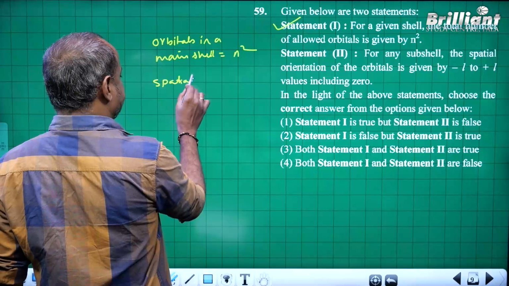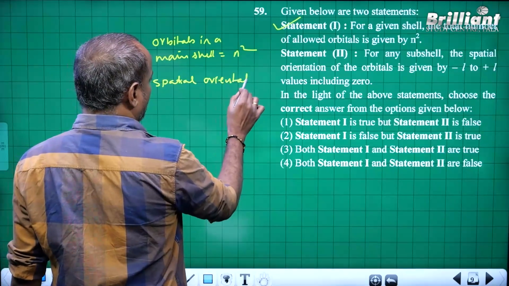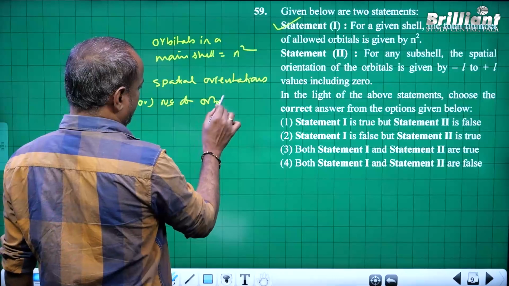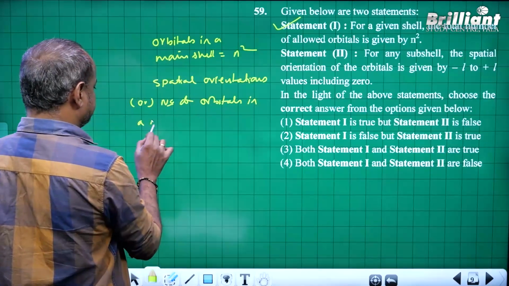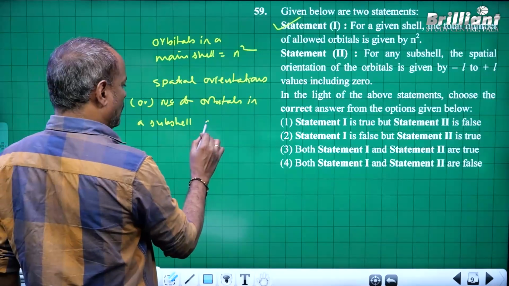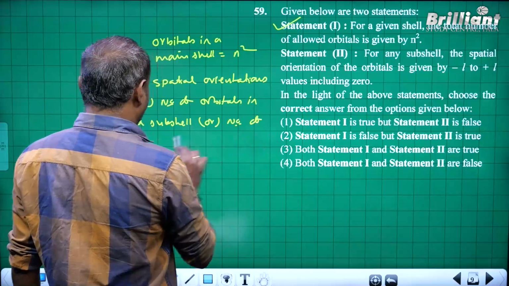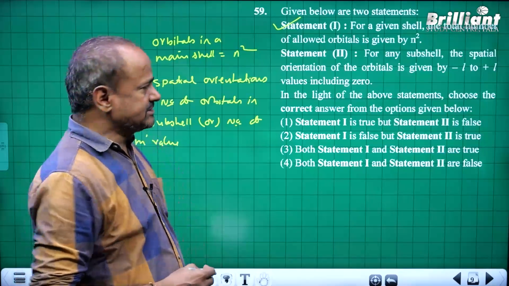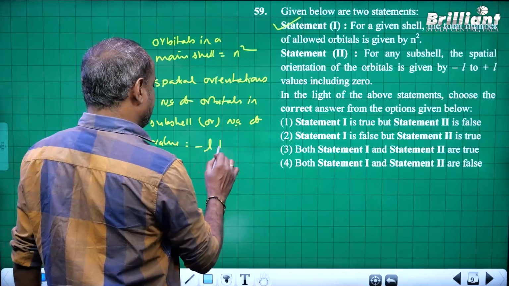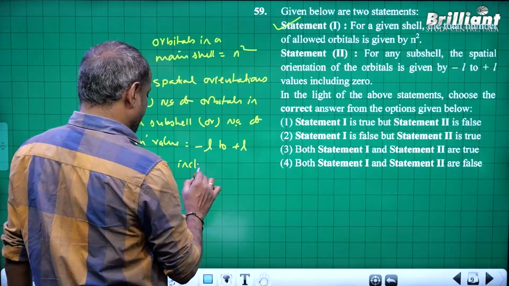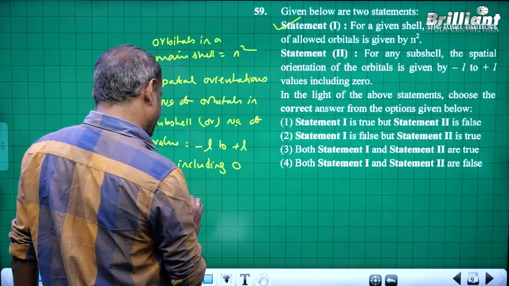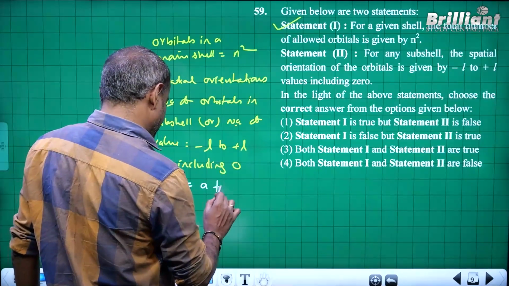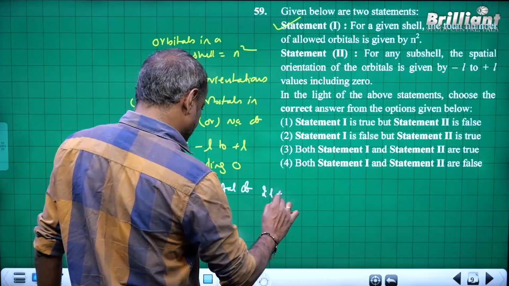Spatial orientations, or number of orbitals in a subshell, or number of m values, magnetic quantum number values, is equal to minus L to plus L including 0, a total of 2L plus 1.